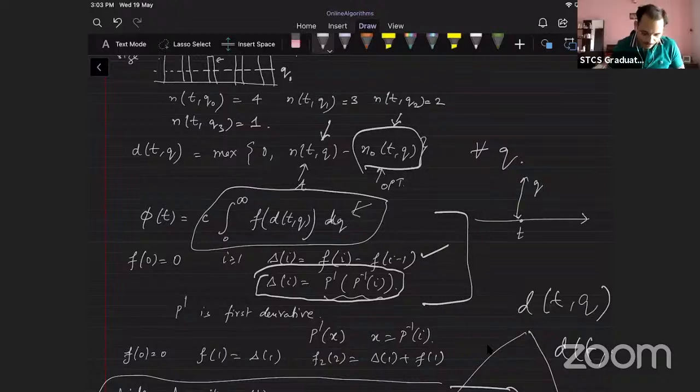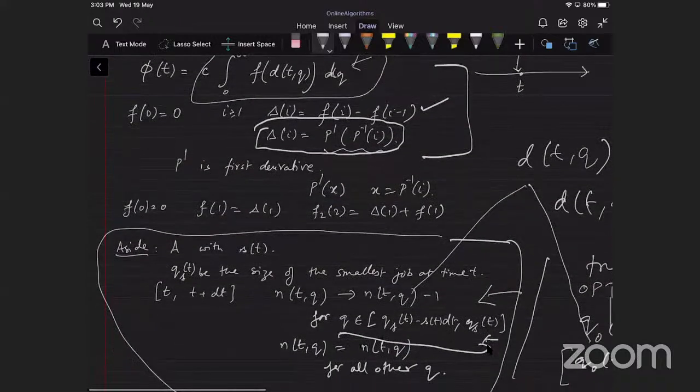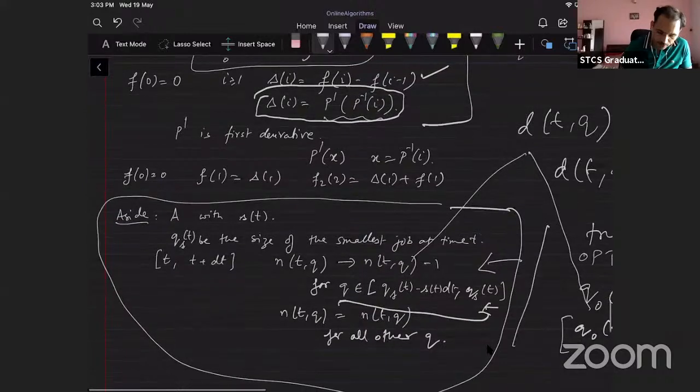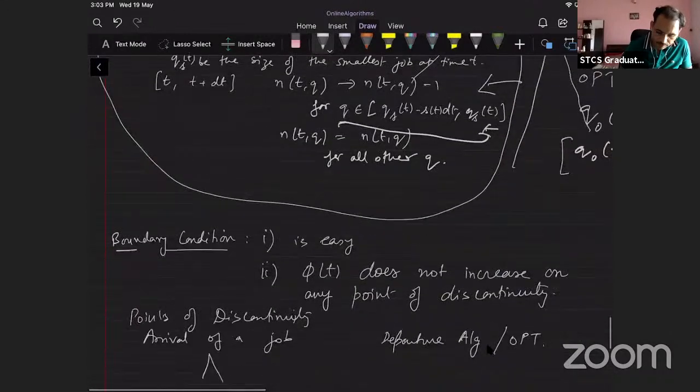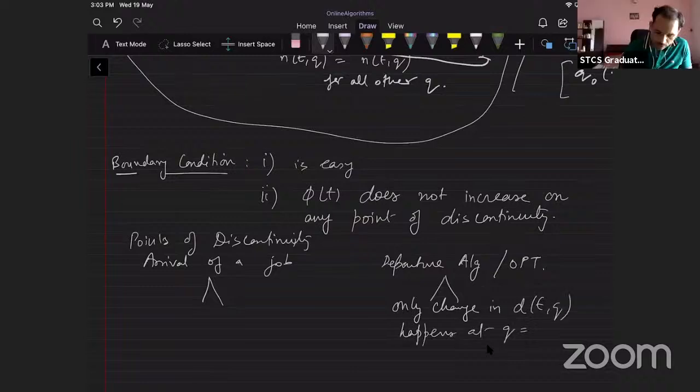It's an integral with respect to d of q. So a job which departs changes anything, if at all, essentially at q equal to 0. But that does not change anything with the integral. So departure of the algorithm, departure of anything, only changes d of tq at q equal to 0.